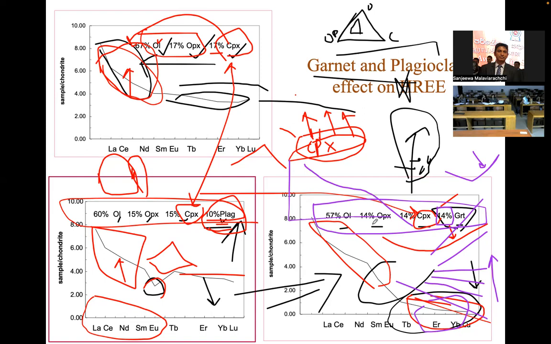It all depends on the modal percentage of each and every mineral, each and every phase during the melting. So that's why I will show you some modeling examples. You don't have to do modeling, but some geochemical modeling examples later, where we have to consider in equations the modal percentage in the melt and modal percentage in the residue also, right? So that affects a lot.